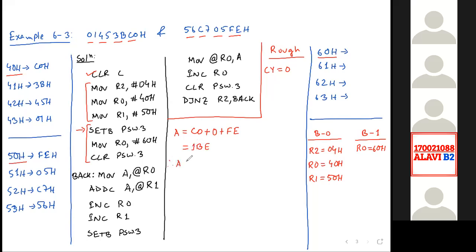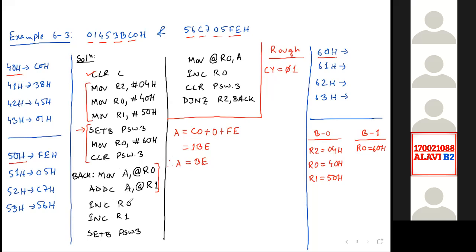Therefore, what will be in the accumulator now? BE. Right, BE. And where will this one go? Carry, sir. Yeah, so now the carry becomes 1. So we are done up to this. Now we will increment R0. Let me remind you, we are still in bank 0. So everything we are doing involves bank 0 only.